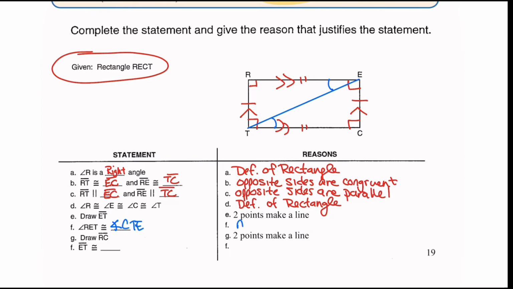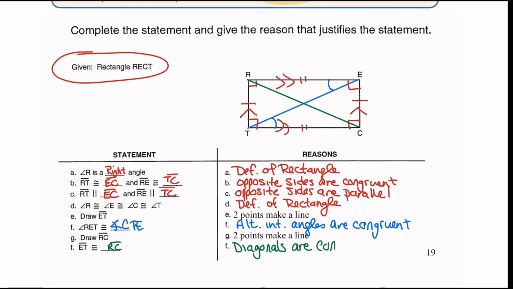And that's because alternate interior angles are congruent. Draw RC. ET is congruent to RC because diagonals in a rectangle are congruent.